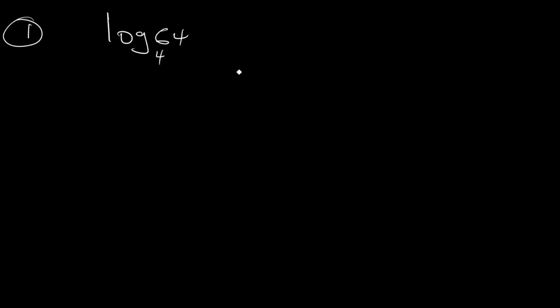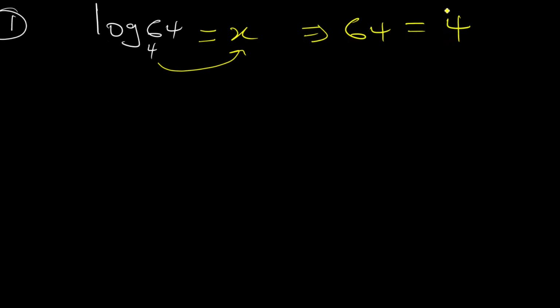I want to use the definition of log to solve this. Let's set this one to a variable, any variable of our choice. We said the base will be raised to that, so I have 64 equals 4 to the power x.